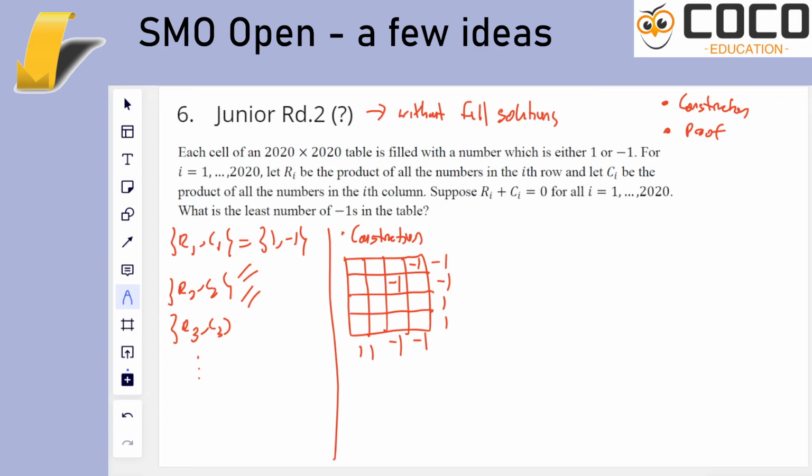So if you just landed on this or something similar to this, you realize that that's actually quite a good idea, isn't it? If you have got a bigger grid, just use half of the so-called negative diagonal and put minus ones on there.